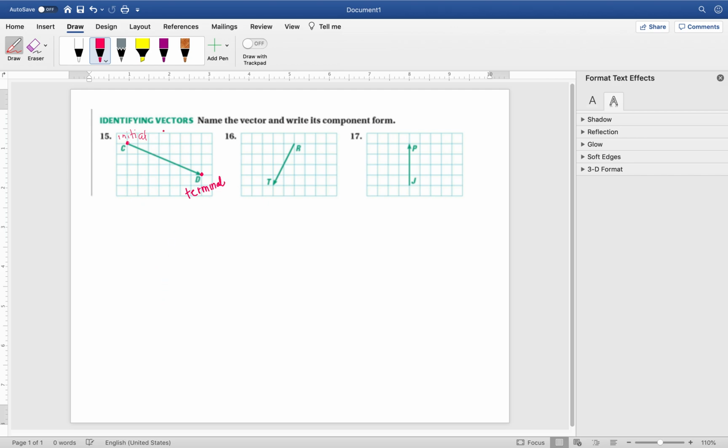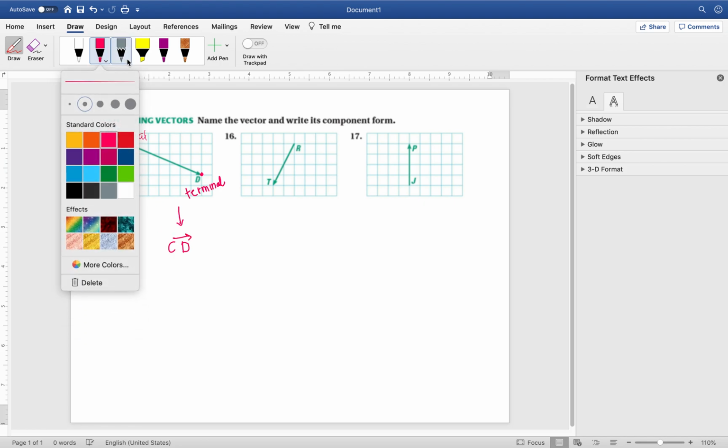Okay, so when you write the name of the vector, you write the initial letter and then the terminal letter. So in this case, here we have vector CD.